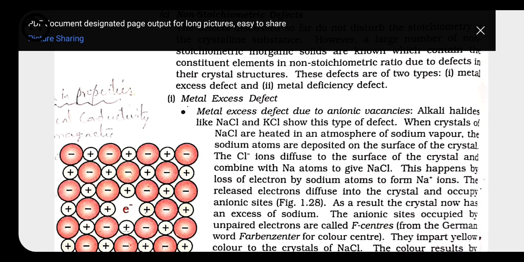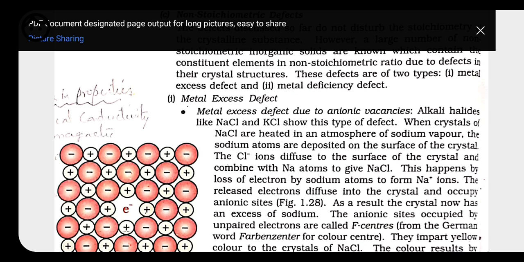Then the place, see here we have e minus. E minus means what? Here the space was chlorine. Negative we take as chlorine and positive we take as sodium. So this chlorine is taken out by the sodium vapor by releasing one electron. Sodium is having a positive charge, isn't it? So Na plus releases one electron, and this electron takes the vacant site available by the removal of chlorine.